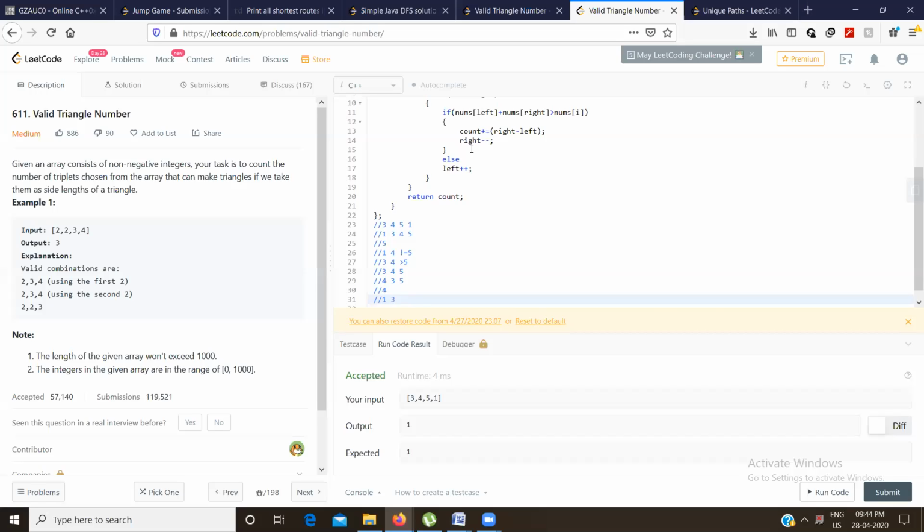You simply took the range right minus left. Those are that many possible triangles. Yeah, got it, because we are leveraging the sorting. Exactly. That sorting gives you an advantage. Otherwise, you'll have to go and check each and every one.